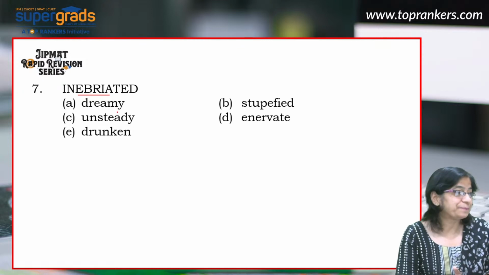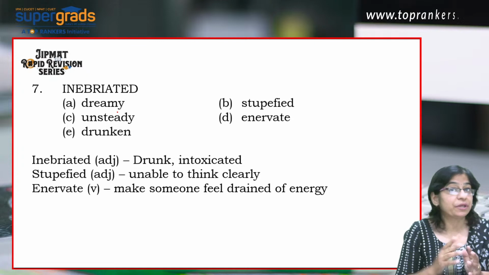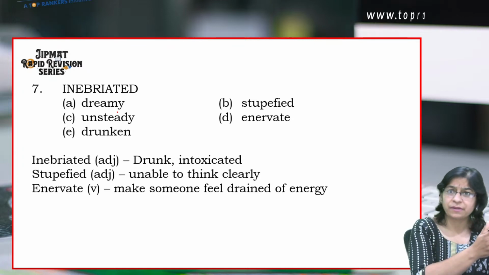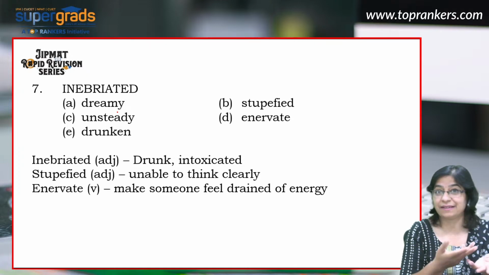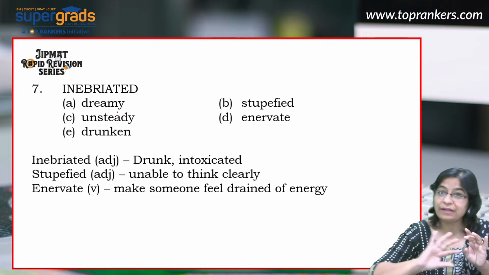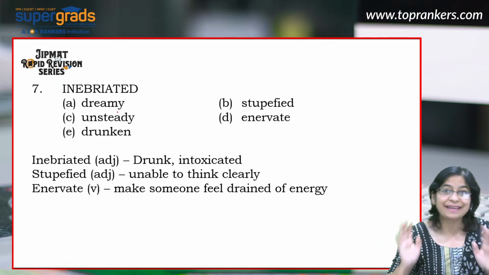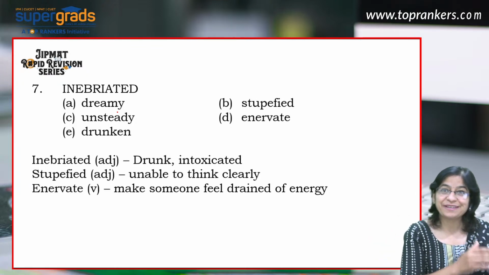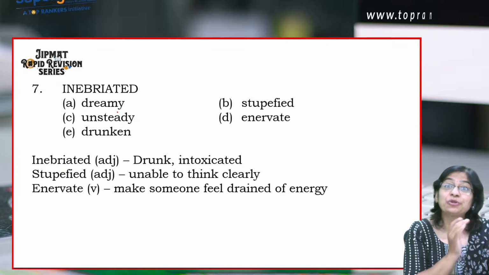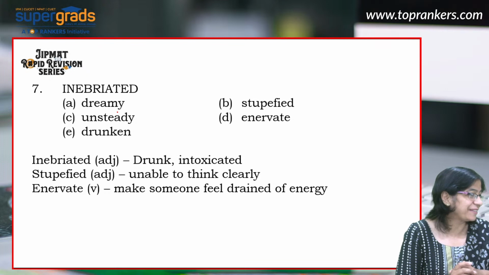Well, see, stupefied is somebody who cannot think clearly. Now, think of this person. He obviously cannot think clearly, or he's enervate because all the energy is drained out of him. Now he only wants to sleep. He's not fit to do anything else. So, out of the given choices, see, everything is so close, right? So, what do you think is the right answer choice here?